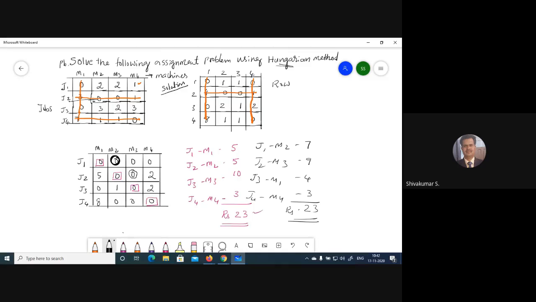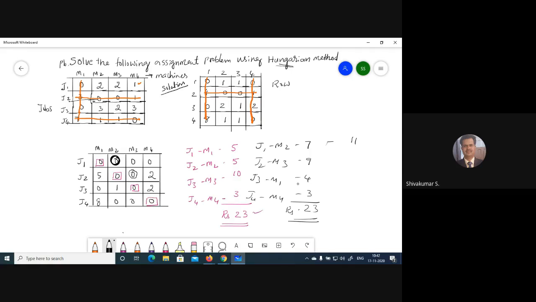You can try out if you want. You can go for J1, M3, and J2, M2, and J3, M1, and J4, M4. Let us say we try. If I take J1, M3, it is 11, and J2, M2, it is 5 in the beginning table.